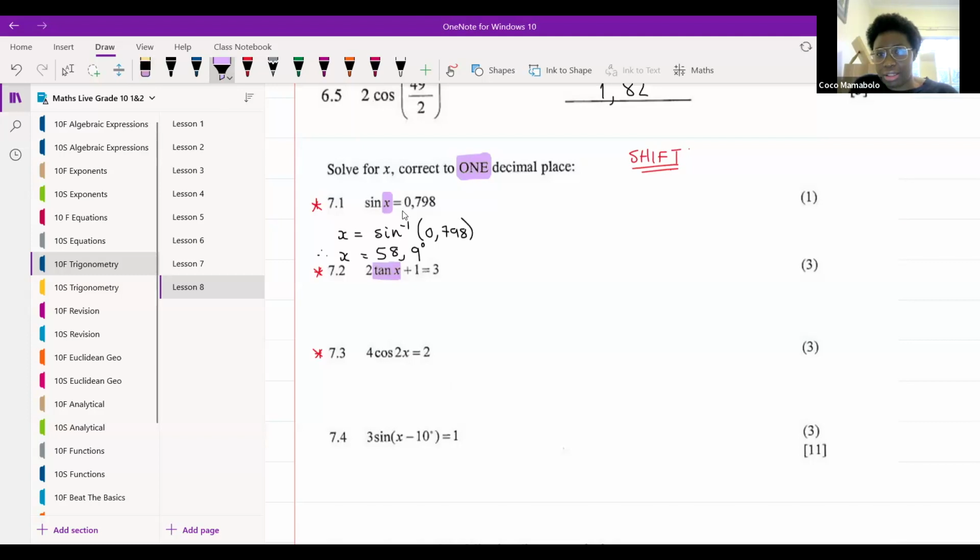All right. For 7.2 over here, guys, remember, we want this tan x part on its own. So everything else must move over to the other side. Actually, I'm just going to erase this part here. Sally, let me double check. I don't know if my calculator is doing the same thing. Shift sine of 0,798. Guys, what's going on with my calculator today? 52,9.